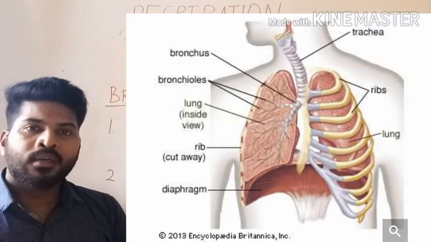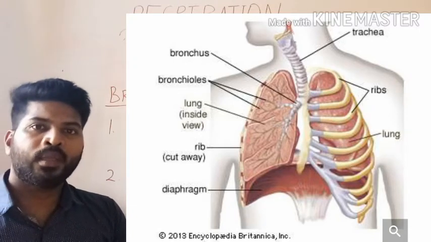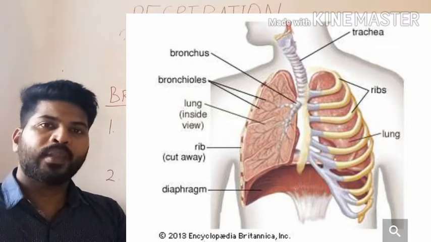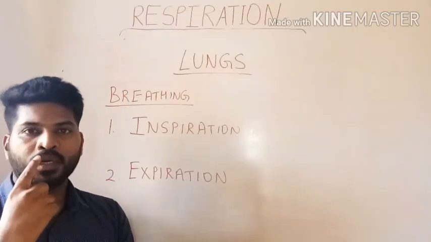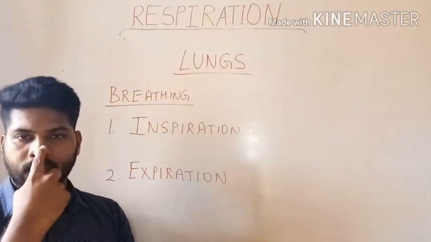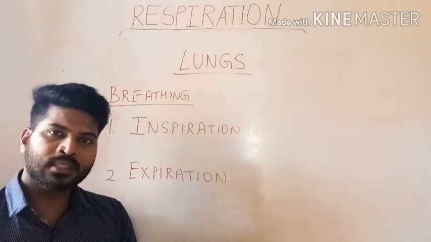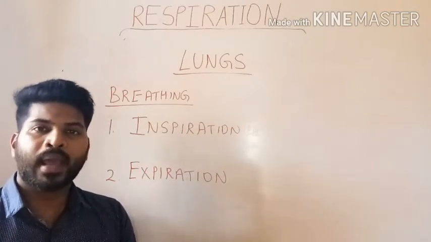Now, if you look at the diagram of the human respiratory system, we breathe in oxygen from the atmospheric air. The air enters through the two nostrils. It is covered by a nose. So, the nostrils carry the air into the nasal passage.